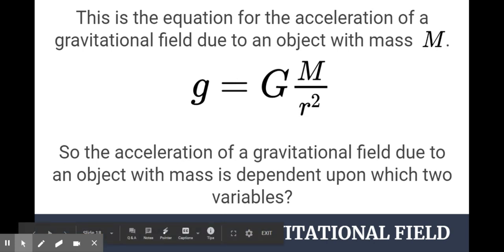Well, since G is not a variable, it's a constant, it depends only on the mass causing the gravitational field and the radial distance. All right?